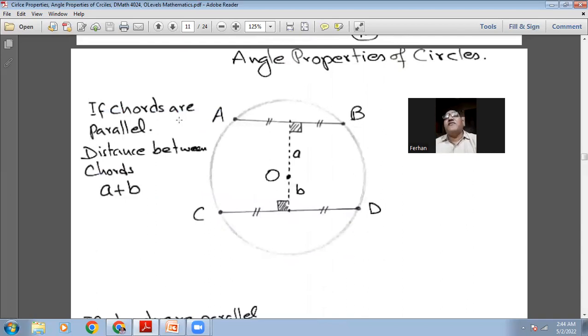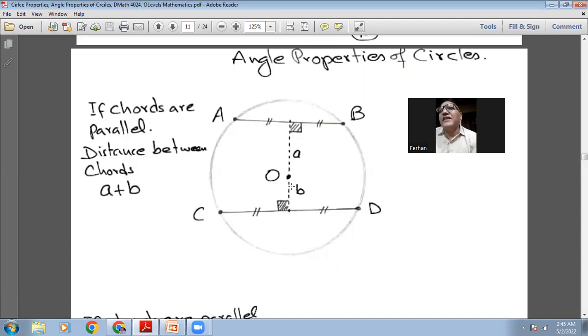Okay, now if you have two chords, we can find the distance of a chord from the center, the perpendicular distance of the chord from the center. If two chords are parallel, then there can be two situations. When the two chords are parallel to each other, either both chords are on the same side of the center or the chords are on opposite sides of the center.